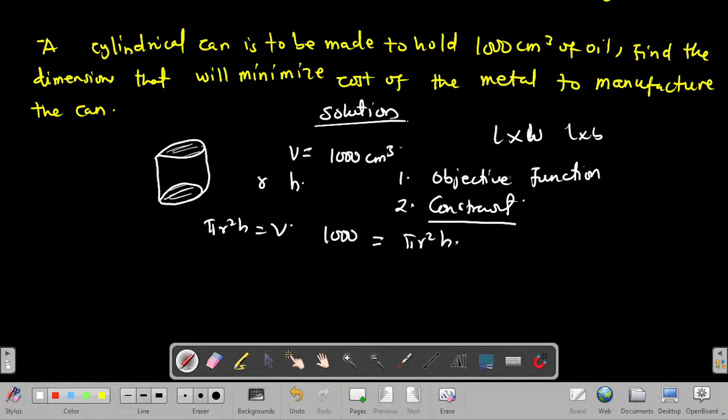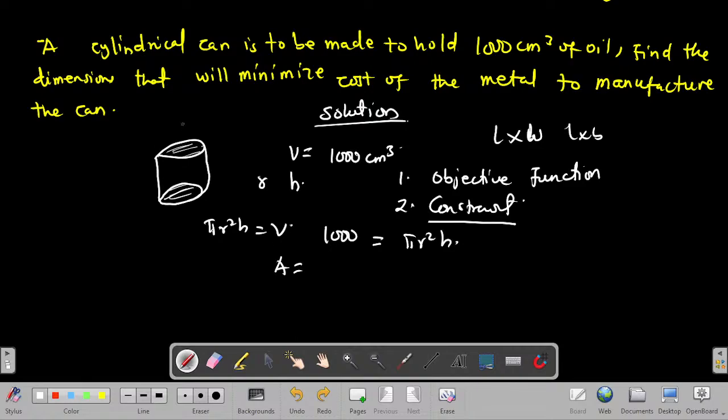What is my objective function? What have I been asked to find? The dimensions. Dimensions, as I said, are derived from the surface area.